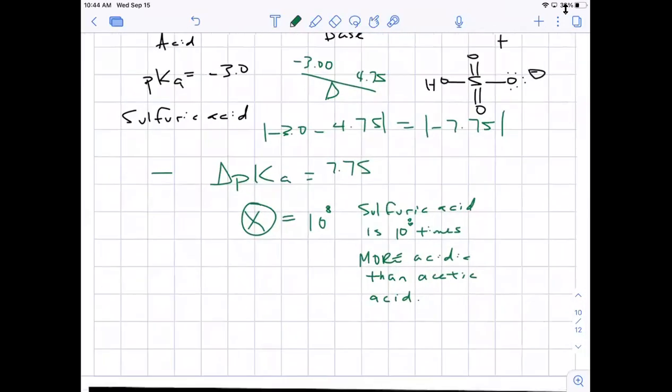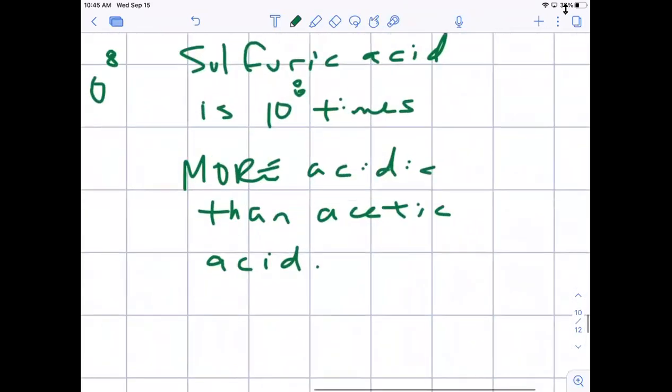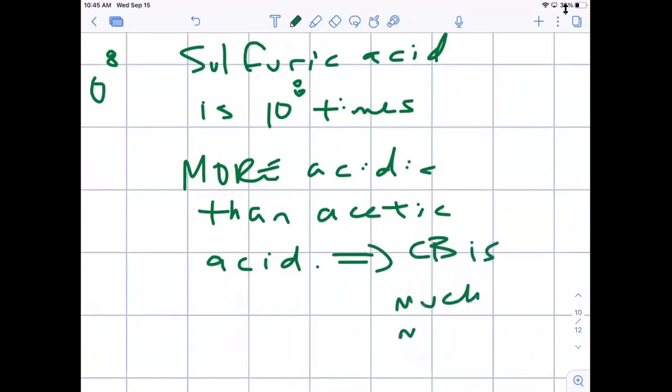Is it more stable or less stable than the conjugate base for the other acid? It should be more stable, right? We'll put that here. Okay, so the conjugate base is much more stable.